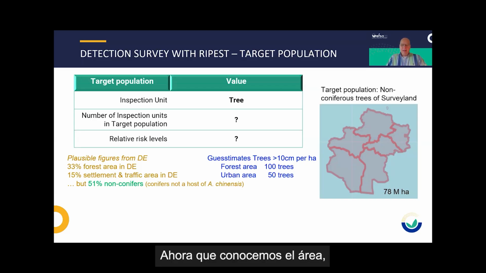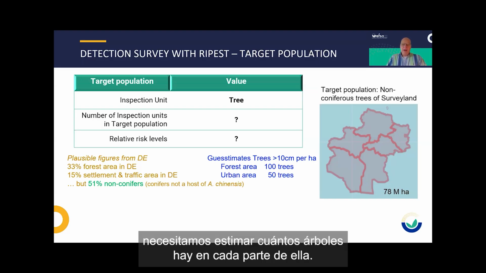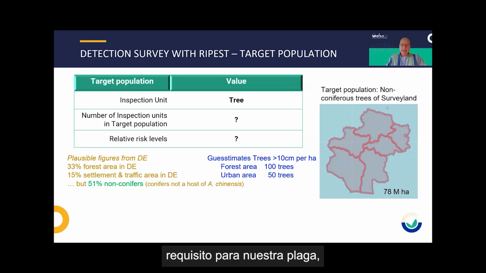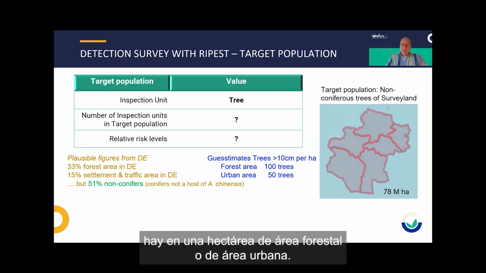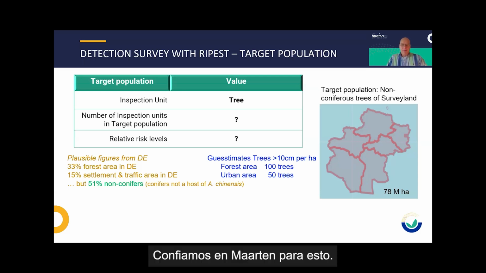Now we know the area, and now we have to estimate how many trees are on each patch of this area. So we want to know how many trees of diameter larger than 10 centimeters, that's the request for our pest, are standing on a hectare of forest area or a hectare of urban area. And we use Martin's judgment on this.